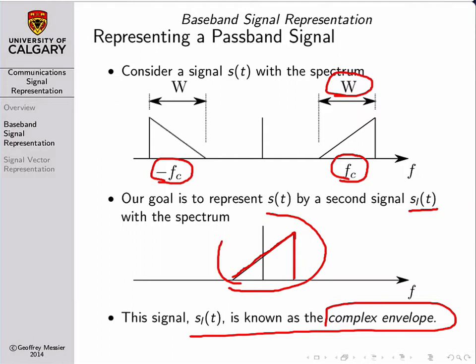So in general, this baseband signal is complex. Our goal is to develop a mathematical relationship between the passband signal and this baseband signal, and show that the baseband signal contains all the important aspects of the passband signal.